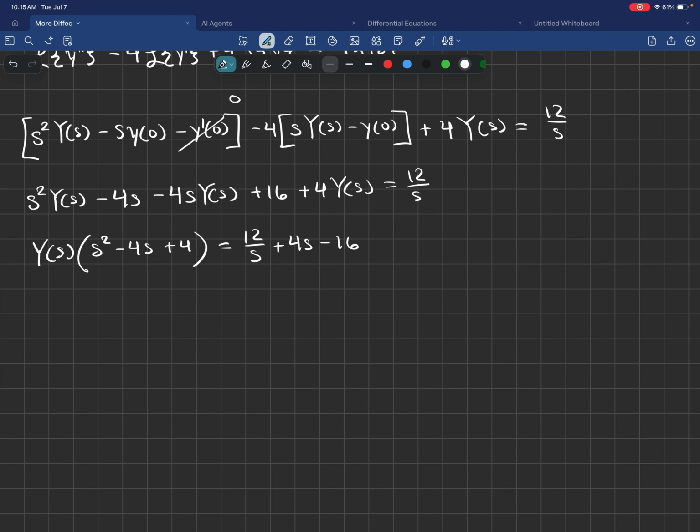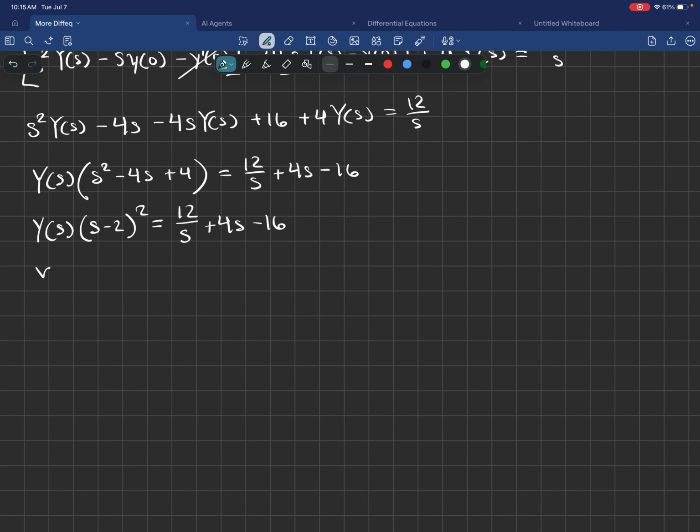So notice this quadratic can be factored very nicely into s minus 2 squared. So let's just go ahead and do that. And then we're going to just bring down everything else. 12 over s plus 4s minus 16. So again, just going to divide this over.